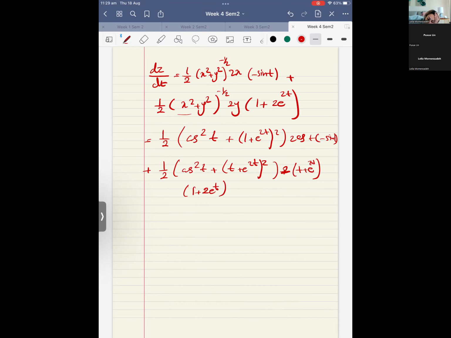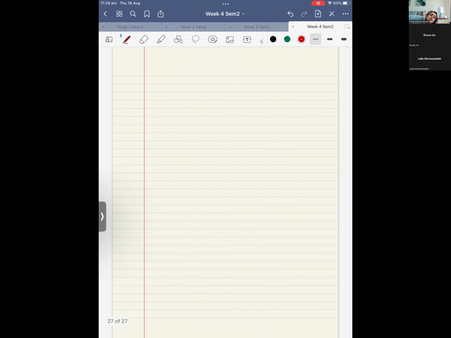Okay, I put x and y as cosine t and t plus e^(2t).